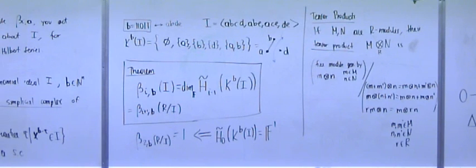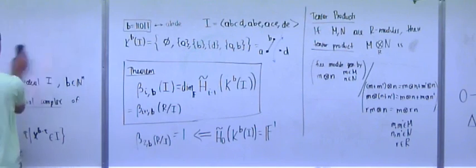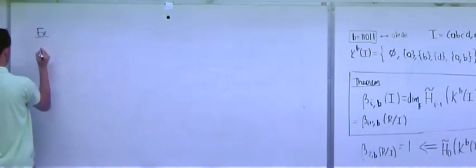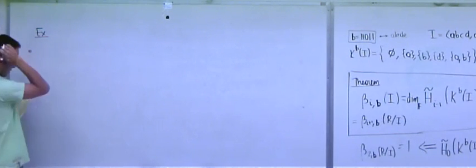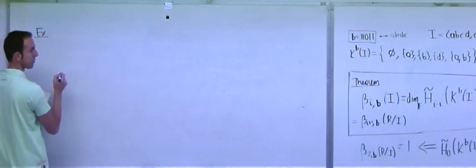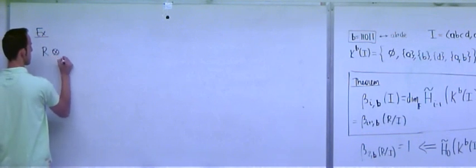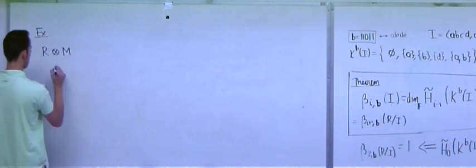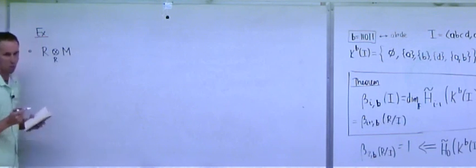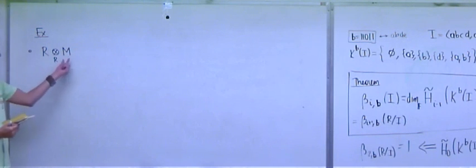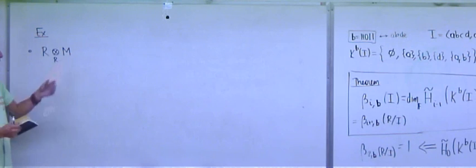Okay, so let's do some examples, just to get a feel for how these things work. So for example, what's the tensor product of the ring with the module?